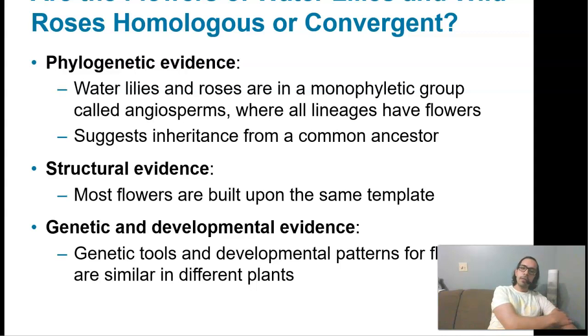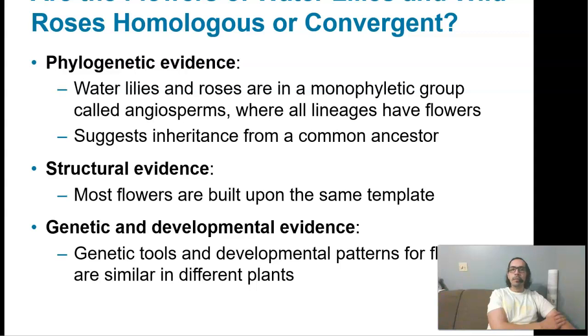Looking at an example, if we look at the flowers of water lilies and wild roses, we could use phylogenetic evidence, structural evidence, and genetic and developmental evidence to see whether the fact that they both have flowers is because of homology or homoplasy.